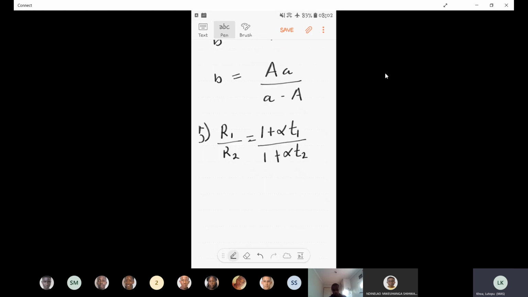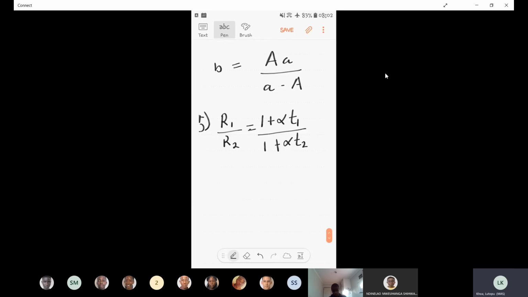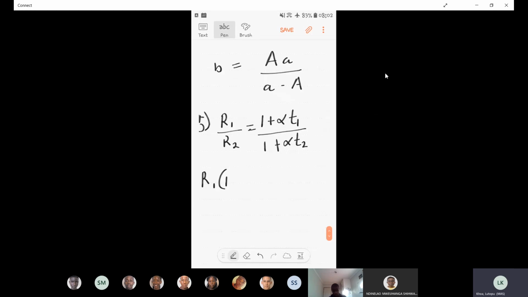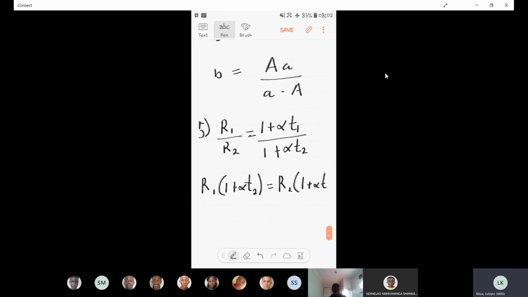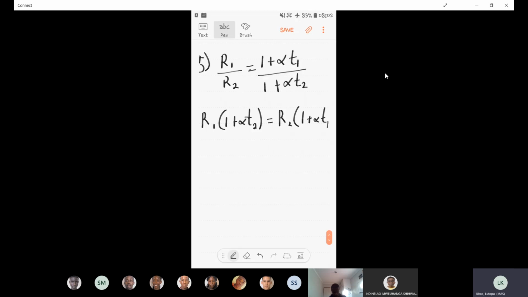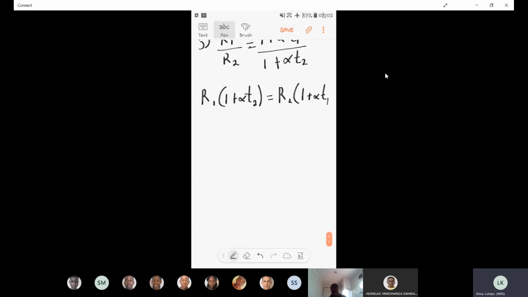So I have to make alpha the subject of the formula. I'll start by cross multiplying. So I have R1 times 1 plus alpha T2 is equal to R2 times 1 plus alpha T1. I can't seem to close my brackets, but you should close them.